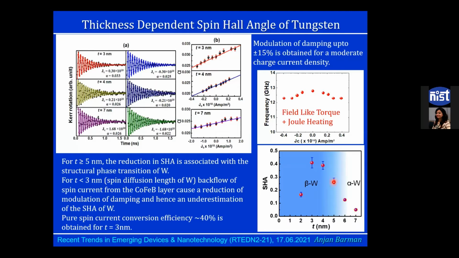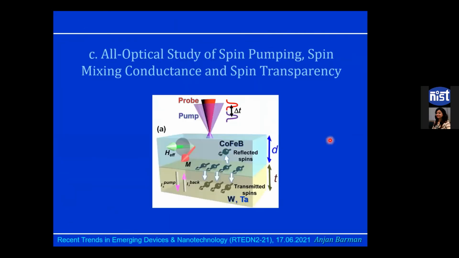So some structural changes occur, which causes this interface to change. And as a result, the value decreases. On this side, the value also decreases a little bit, but this is because of the backflow effect. In any case, the field-like torque or the Joule heating effect can be found out from the frequency versus the current. Okay, so that was the spin Hall angle.